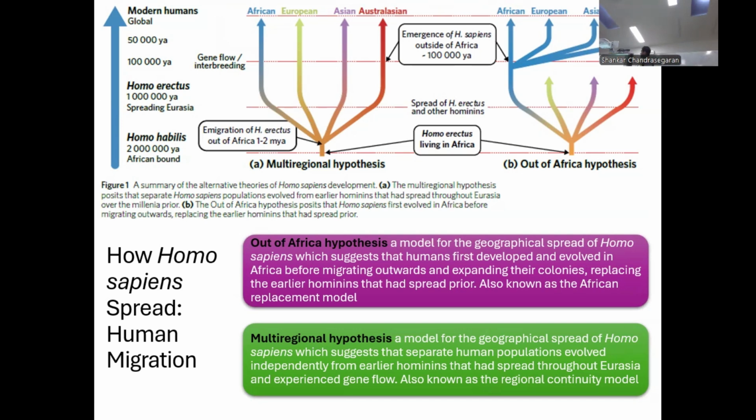So they're saying basically as a result of the different populations, Homo habilis, Homo ergaster, Homo floresiensis, Homo Neanderthals, all these different populations of the genus Homo, because there was gene flow and interbreeding between them, there was eventually the emergence of a new species known as Homo sapiens, and that happened multiple times in different regions around the earth. And that is what the multi-regional hypothesis is trying to suggest.